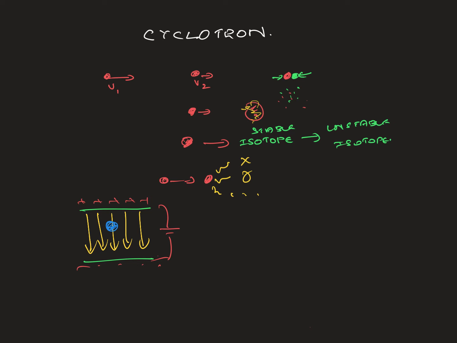Say this is a proton, a positively charged particle. That will accelerate towards the negative plate. So if this electric field is E and we are applying a source voltage V, and if the charge is Q, then the force on the particle is given by F is equal to EQ.